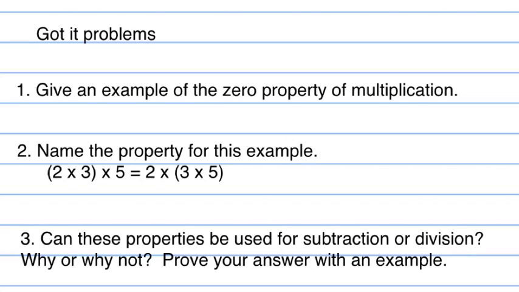Tell me why or why not, and give me an example to support your answer. In other words, prove your answer with an example that lets me know you know what you're talking about, or you understand what's going on. And then we will talk about these tomorrow. So good luck with your got it problems.